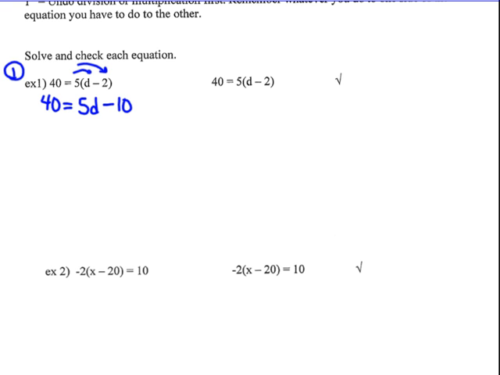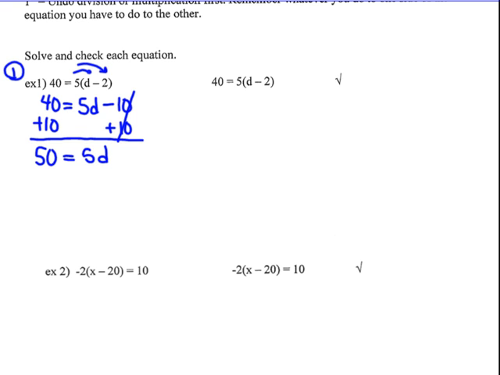I have no like terms here to combine, so I'm going to undo my subtraction of 10 by adding 10. And yes, you have to balance this on both sides of the equation. Add 10 to the right member, add 10 to the left member. I'm going to cancel. I get 50 on the left, has to equal 5 times what? I know that you know that answer is 10.